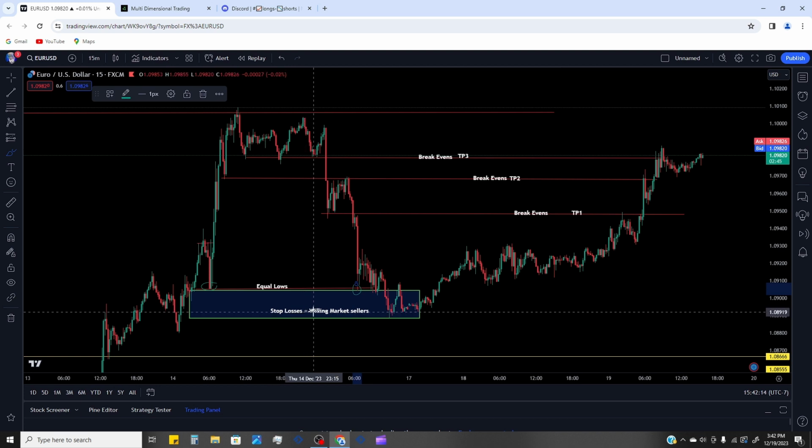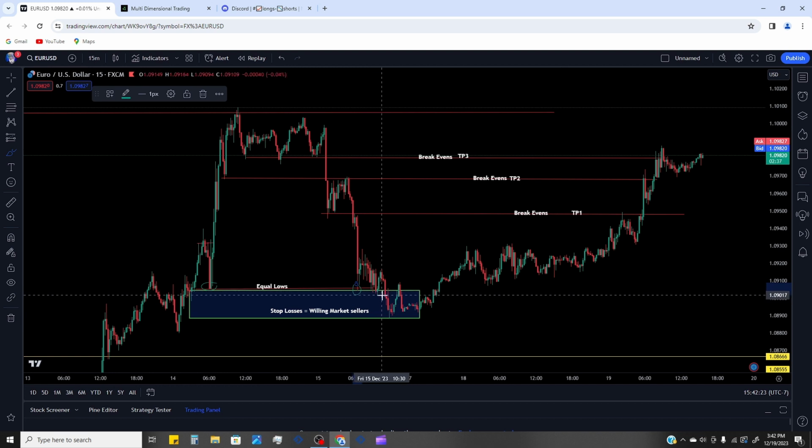Stop losses are basically, when you're going long, willing market sellers. That means if the price ran against us, we are willing to sell our positions right then and there. We do not want to be in them anymore. We want to sell and get out of our positions because we are going long.